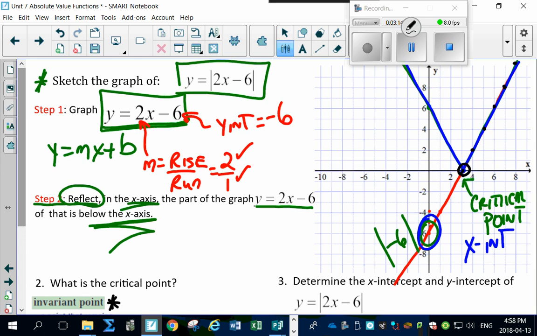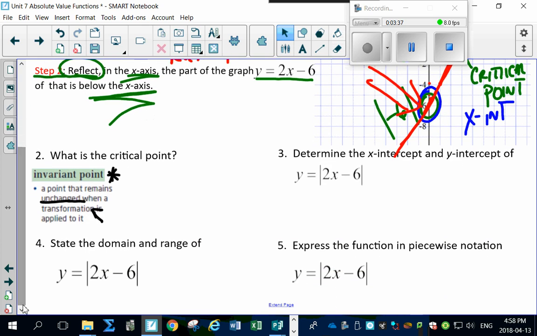Think about it. When you absolute valued your original line, and remember your original line was this red thing right here that went up like this, part of the graph did not change, okay? It was this section that changed. So these in fact are all invariant points. These are all points that have not changed. Okay, great, awesome.